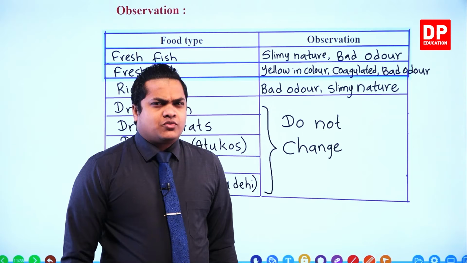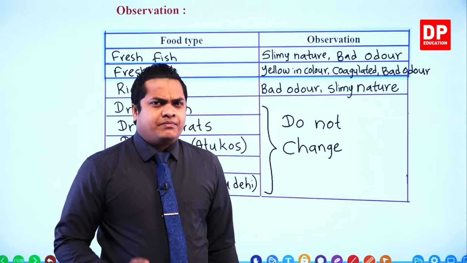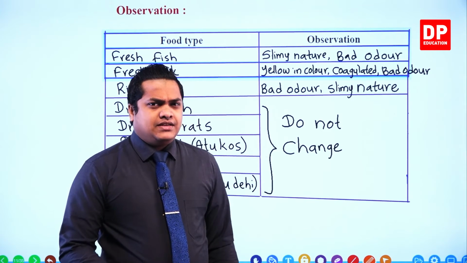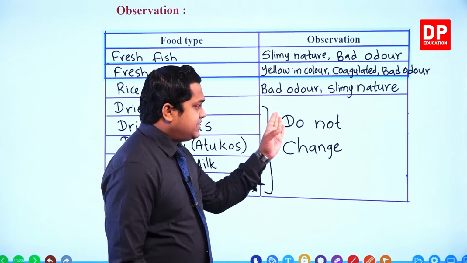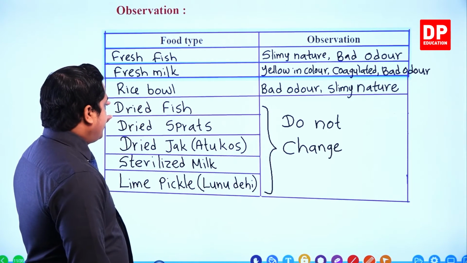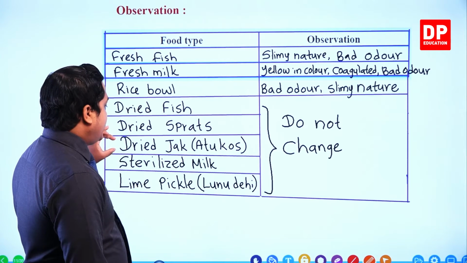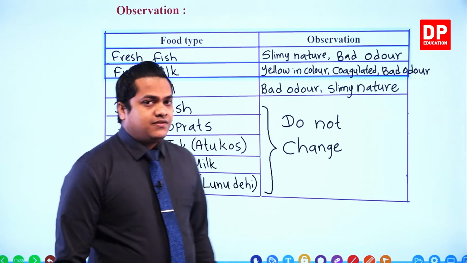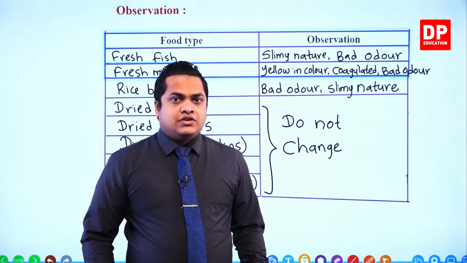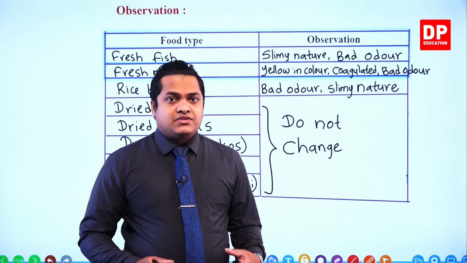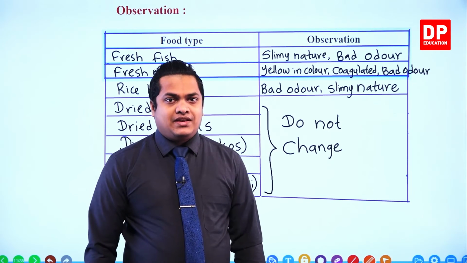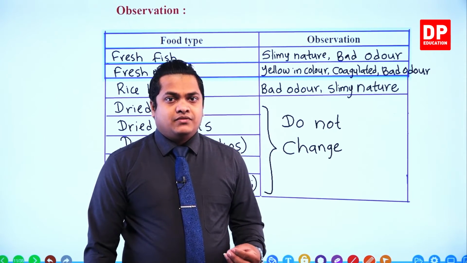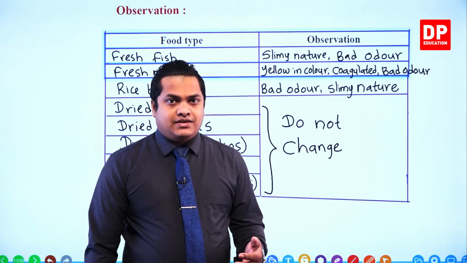So my dear children, it's quite obvious that preserved food stays for a longer time period, and these food items are preserved: dried fish, dried spreads, dried jack, sterilized milk, and lime pickle. These preserved food items can be consumed within a longer time period.